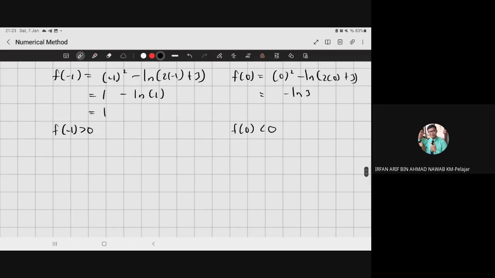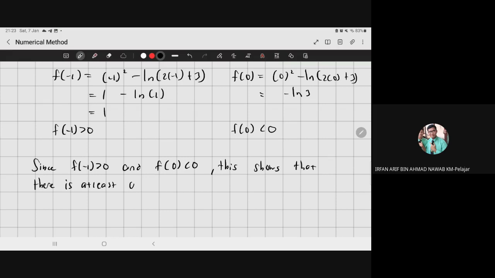As far as I recall, since f of -1 is greater than 0 and f of 0 is less than 0, this shows that there is at least one root between -1 and 0. That is my conclusion, based on the method that I used, which is the algebraic method.